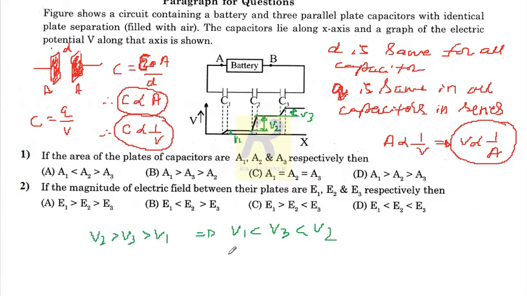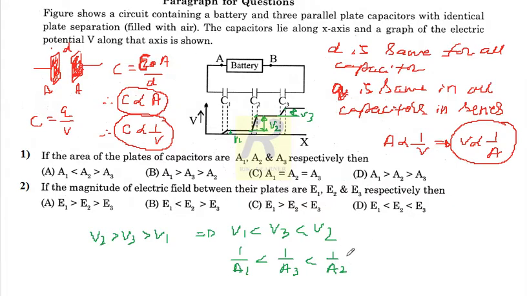Now I need relations for area. From this I can say 1 divided by A1 is less than 1 divided by A3, less than 1 divided by A2.